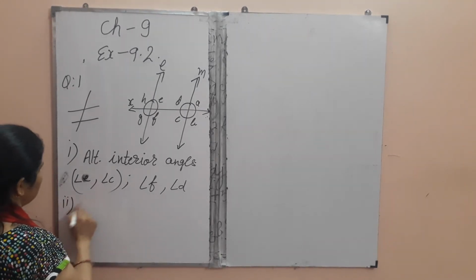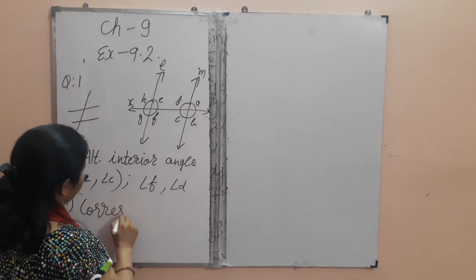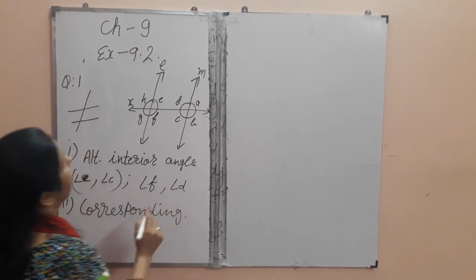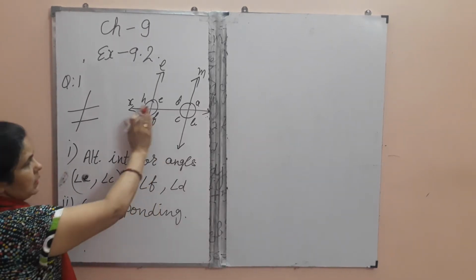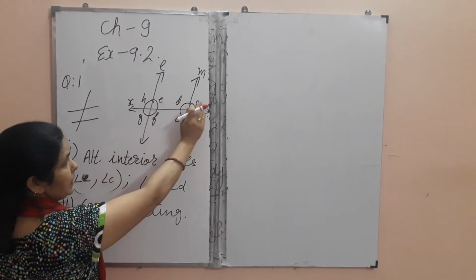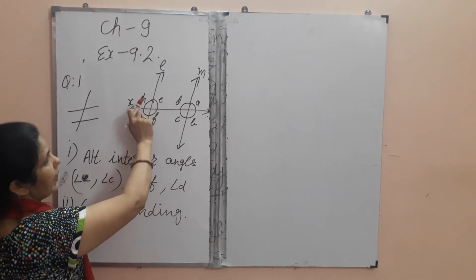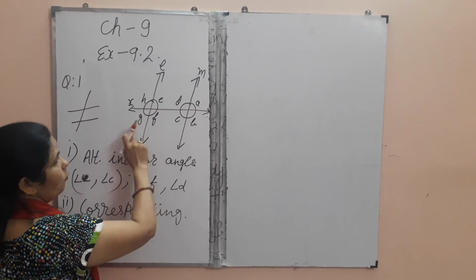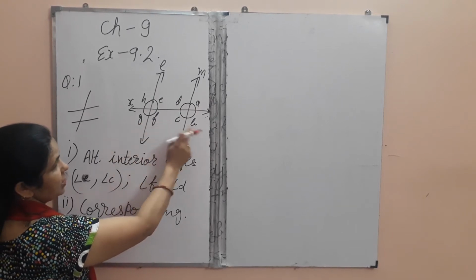Second is find pairs of corresponding angles. Corresponding angles: in the same way, you have to see same side angles, one exterior and one interior, one interior and one exterior.